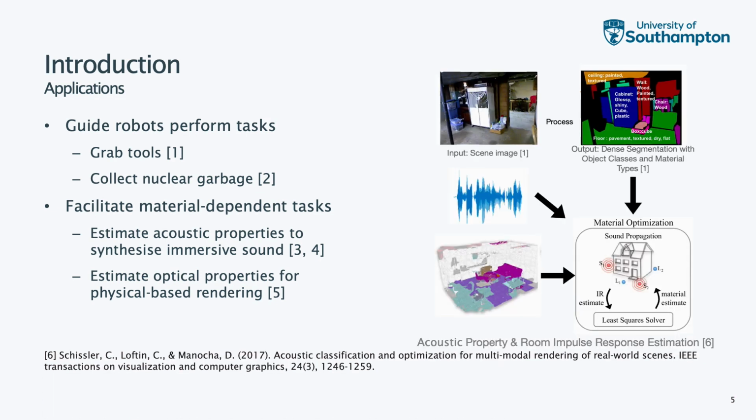The figure here illustrates a typical pipeline to synthesize sound. By mapping the predicted material labels to the 3D room model, modern software can calculate how sound interacts with the materials and generate immersive sound with audio reflection and reverberation.